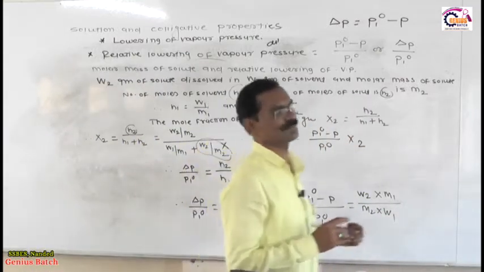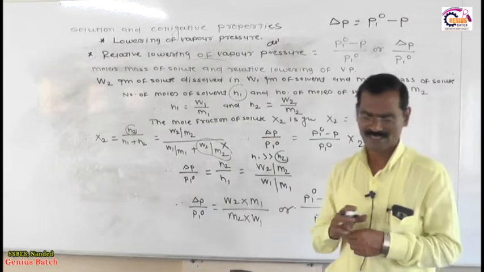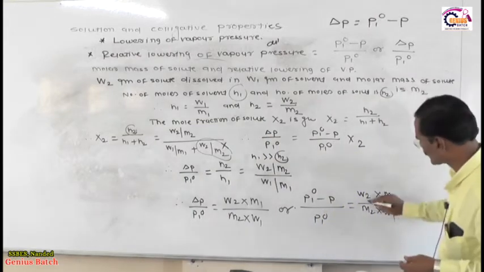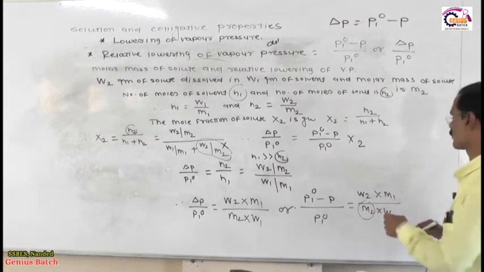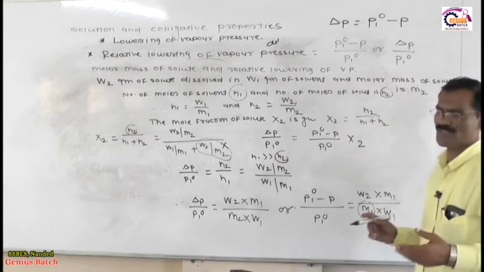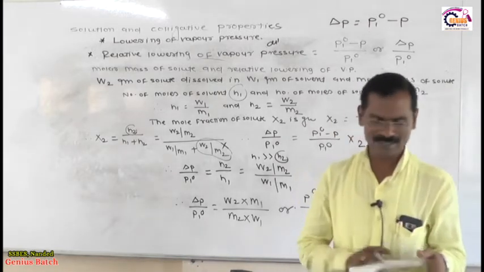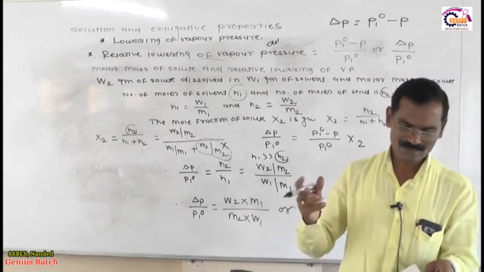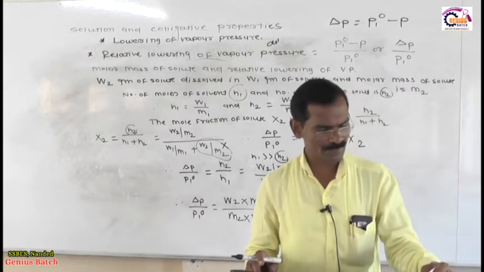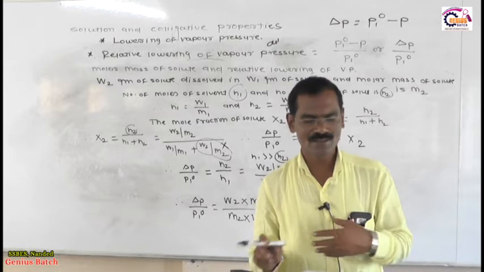By using this we can successfully calculate the relative lowering of vapor pressure. This is also the way we calculate the molar mass of the solute. How to calculate M2? We put the values here. By using this we calculate the molar mass of that particular solute. I hope you don't have any problem with this phenomenon. This is a very simple thing.